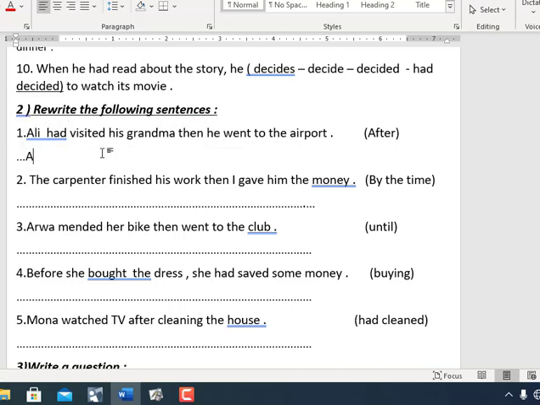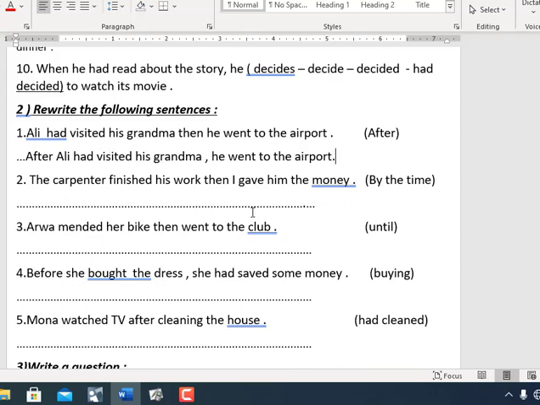So using after, it will be after. Ali, the thing that happened first, Ali had visited his grandma, comma, we will cancel then, he went to the airport. Here we are.